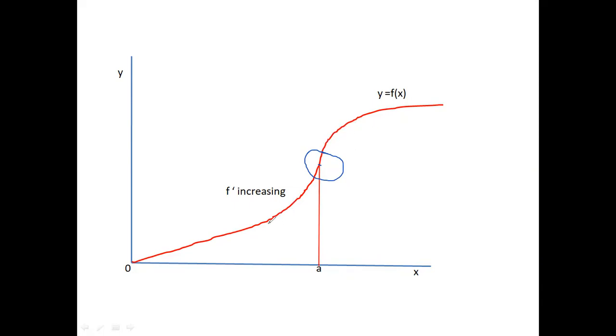Suppose here if you take the slope of this function at this point, then we get this slope decreasing. So when the labor employment is bigger than a, the slope decreases as x increases.